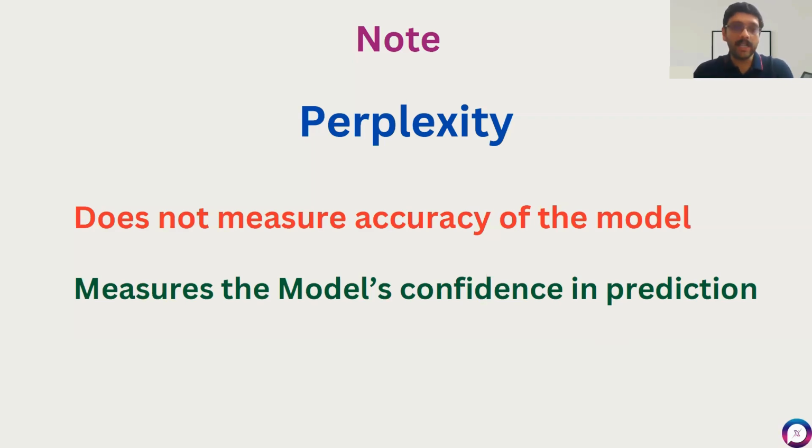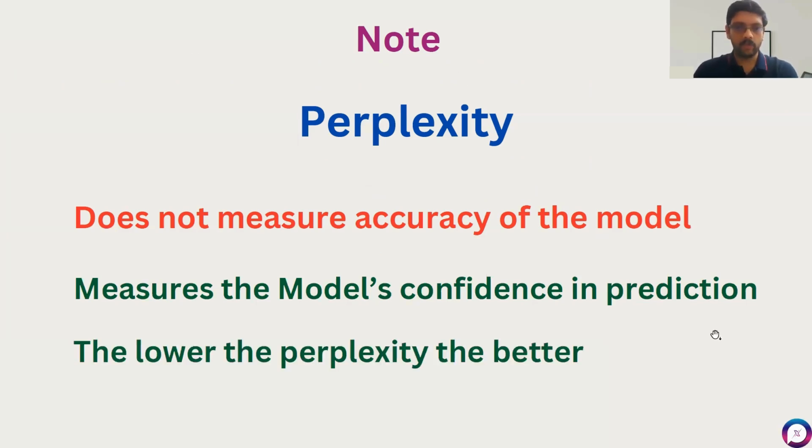For our case, for example, it could give you a wrong answer, but if the model is very confident, the perplexity will be low, because the probabilities will be high and the perplexity is effectively the inverse of that. On the other hand, it might come up with an answer that makes sense, but if the confidence is low, the probabilities are low, it's not very confident, the perplexity will be high. So the lower the perplexity, the better.